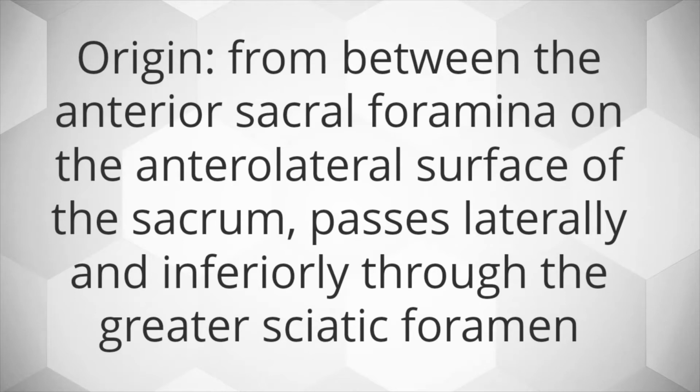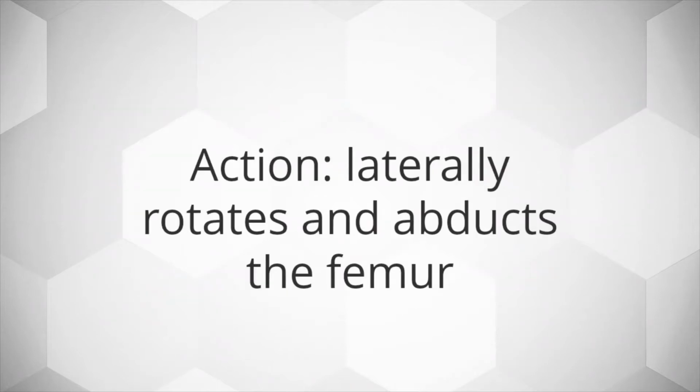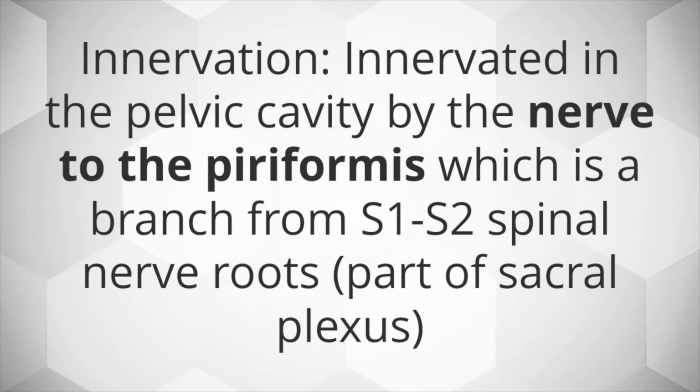The muscle passes laterally and inferiorly through the greater sciatic foramen and inserts into the superior aspect of the greater trochanter. The action of the piriformis muscle is to laterally rotate and abduct the femur in relation to the pelvic bone. The piriformis muscle is innervated in the pelvic cavity by the nerve to the piriformis, which is a branch from the S1, S2 spinal nerves.